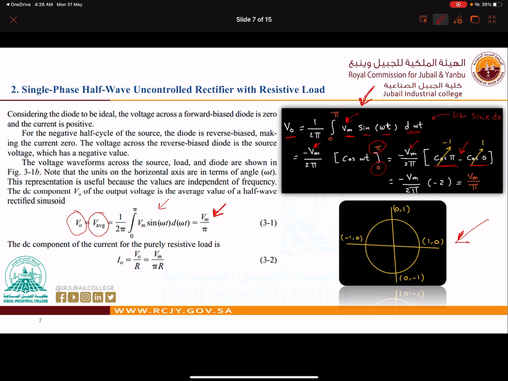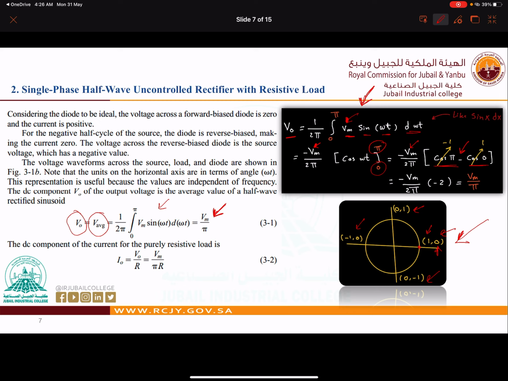This graph says that it will divide the circle into 4 points. This is point number 1, this is point number 2, 3, and 4. Now, if we go to point number 1, the left side number is for the cosine, the right side number is for the sine, okay?